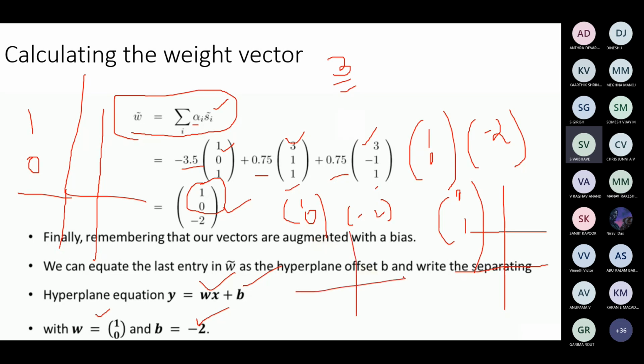But if I get the vector as 1, 1, I will draw a 45-degree line. So 1, 0 means a line parallel to the y-axis, 0, 1 means a line parallel to the x-axis, and 1, 1 means a 45-degree line.